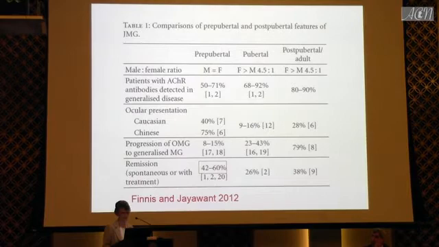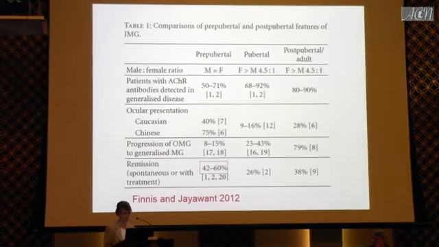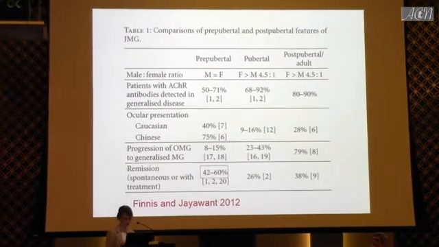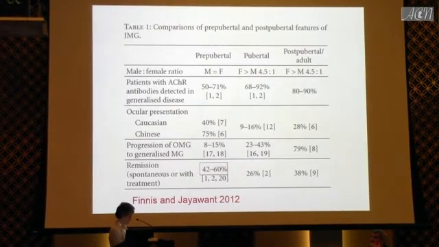There's a comparison in a review by Finnis and Jayawant, which came out a year ago, which compares pre-pubertal and pubertal myasthenia, and also compares them with the adult from the literature. And it's quite interesting that if you take the pre-pubertal patients, you see here these pre-pubertal patients are not very different in general from the adult and the pubertal patients.